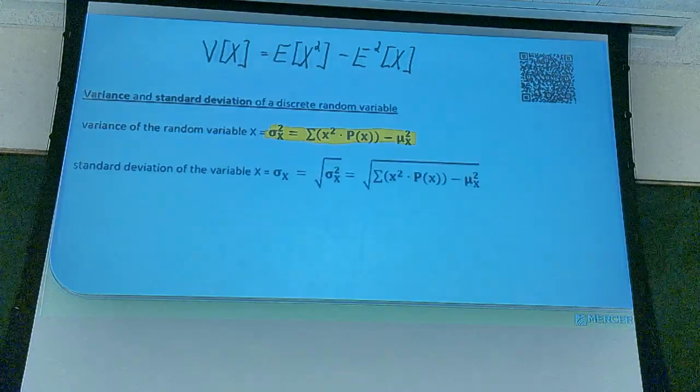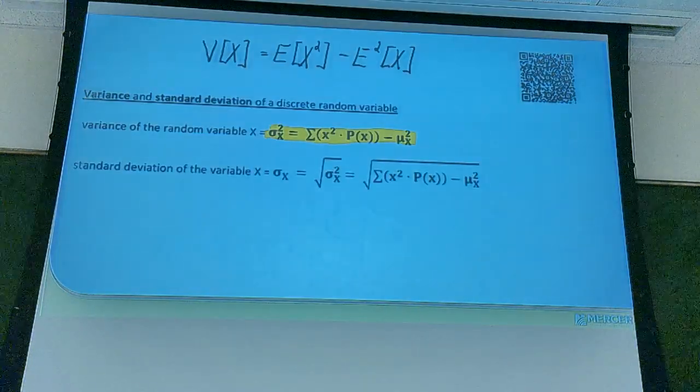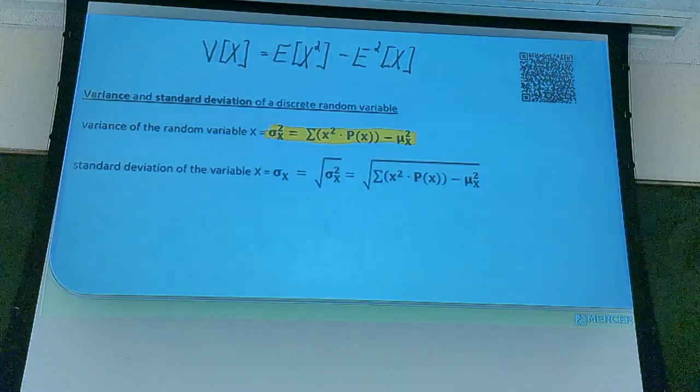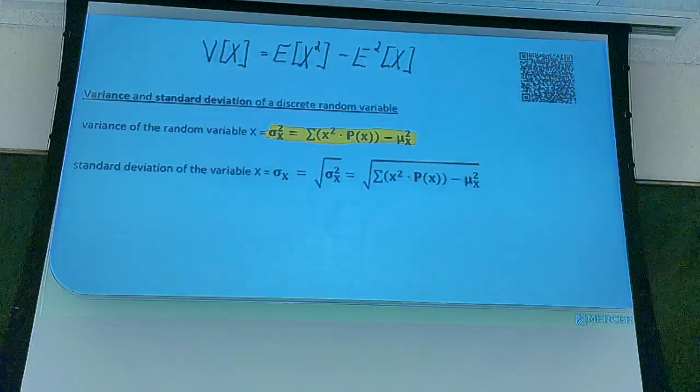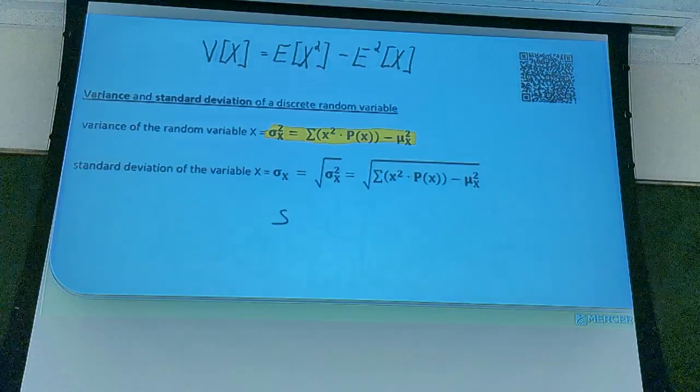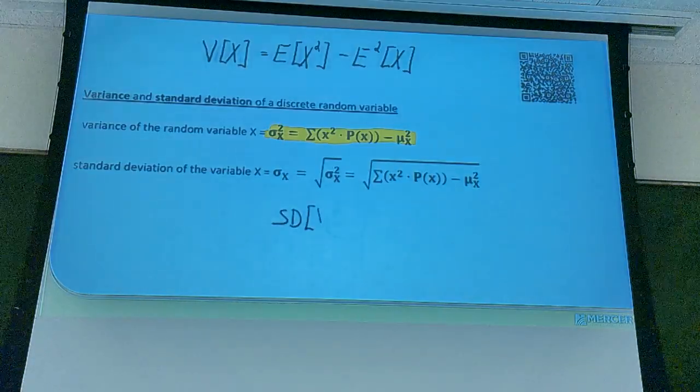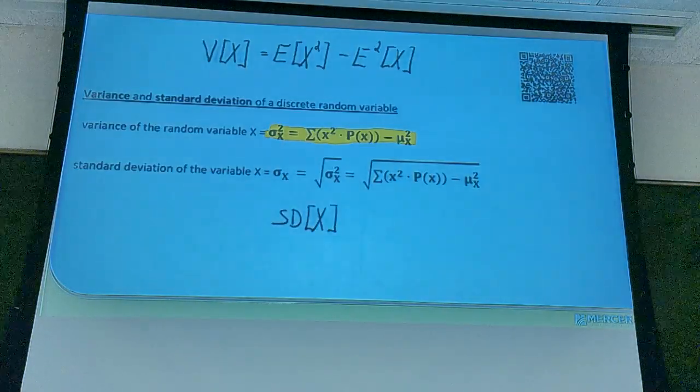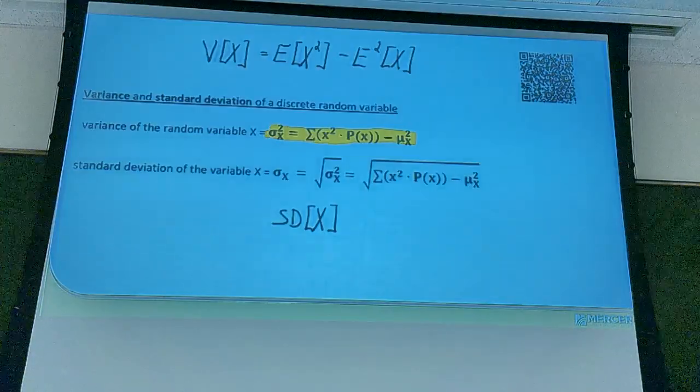And standard deviation is just simply the square root of variance. We can also represent standard deviation as SD of x.